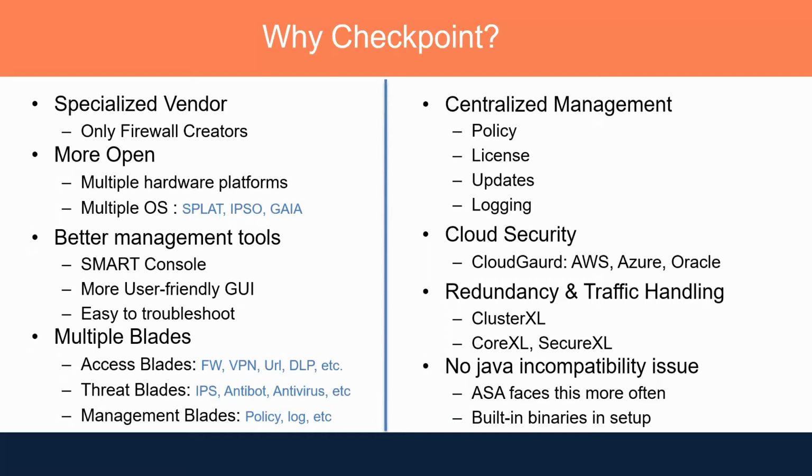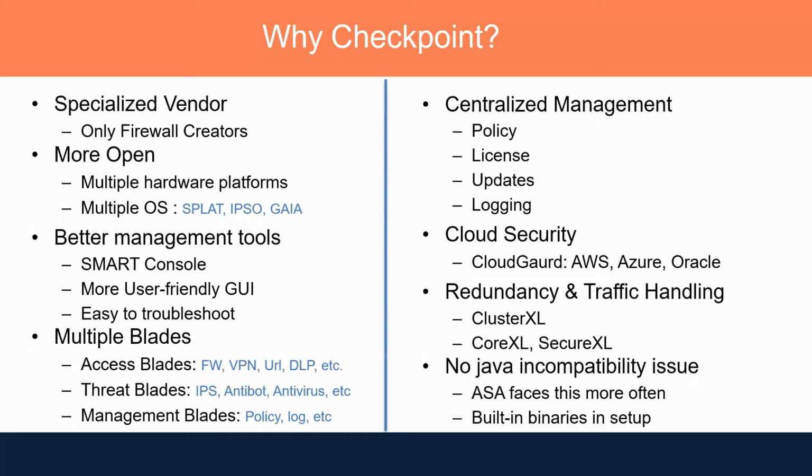Also, Checkpoint provides centralized management. We can manage the policy from a single location, we can manage the licenses from a single location, and we can also manage all the updates from a single location. That means by logging on to the management device, we can manage the policy, licenses, updates, and the logs as well. Checkpoint can be deployed on the cloud.